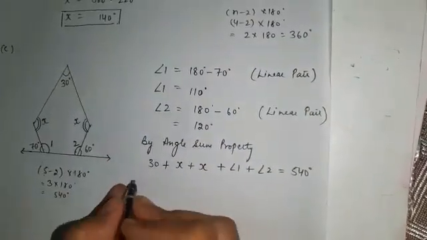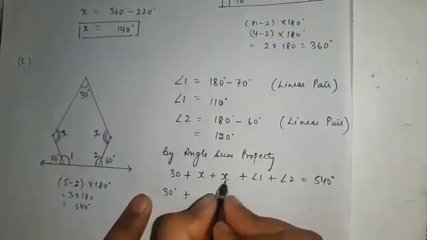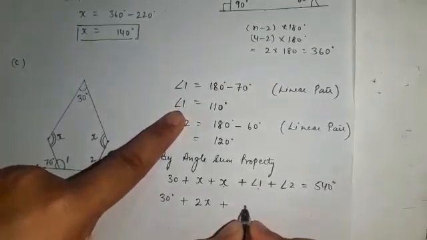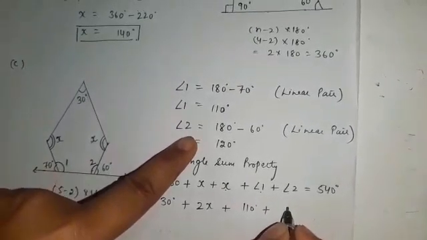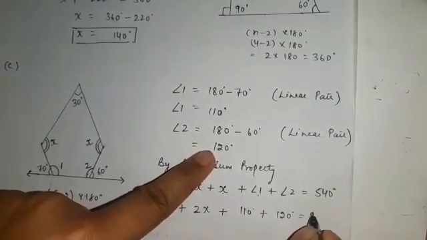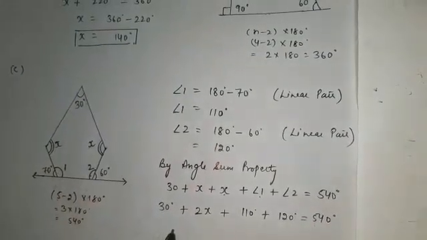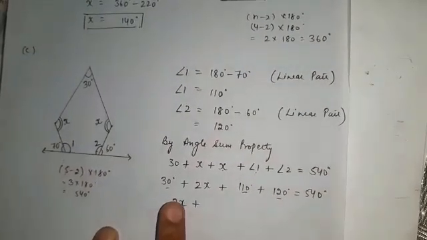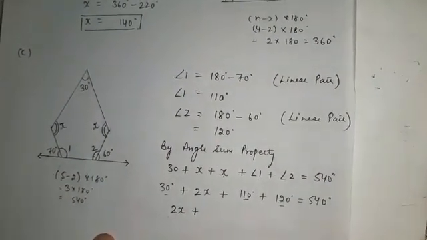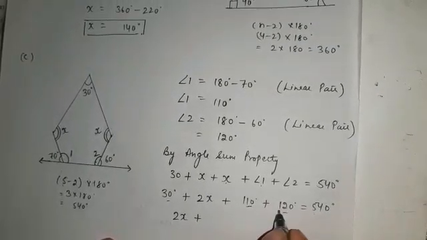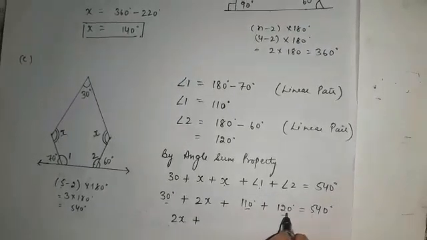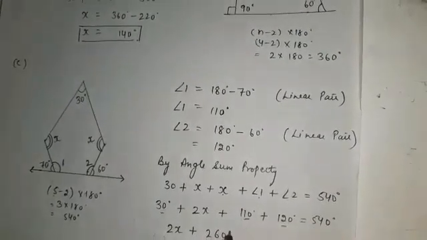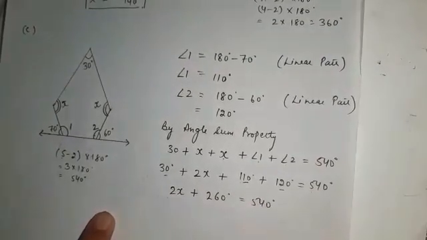Okay, now let's put the value which we know. X plus x, 2x, plus angle 1 is 110 degree, and angle 2 is 120 degree. The sum is 540 degree. Now 2x plus, let's add these three angles. After adding these three angles, 110 plus 120 will become 230, and 230 plus 30 will be 260, equals to 540 degree.